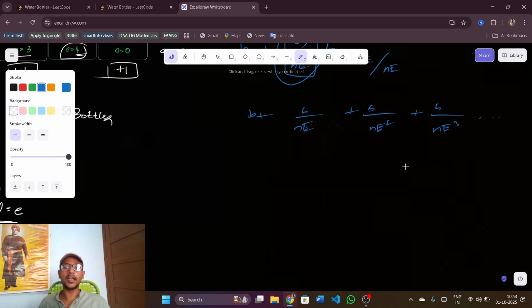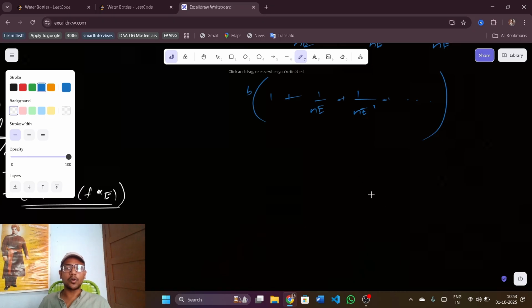So if I write it as a geometric progression, 1 plus 1 by NE plus 1 by NE square, it is in a geometric progression. So sigma of n equal to 0 to infinity r power n will be nothing but 1 by 1 minus r, right? Now r is nothing but 1 by NE. Why? Because 1 by NE is multiplying every time.